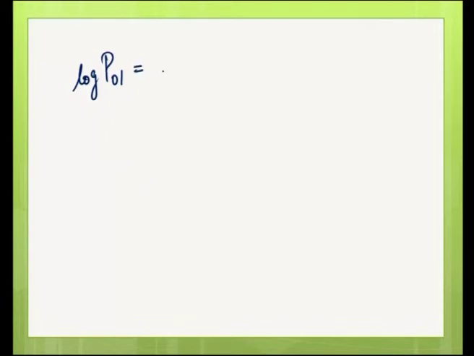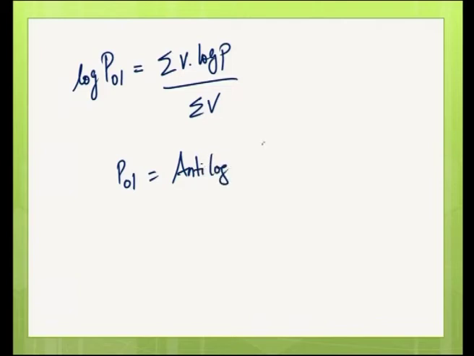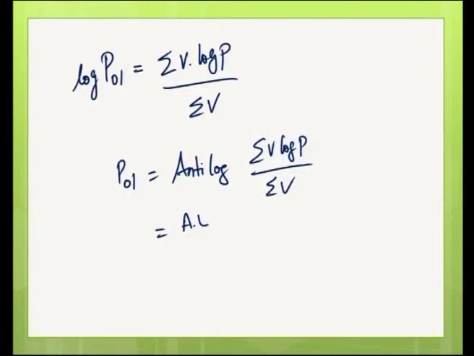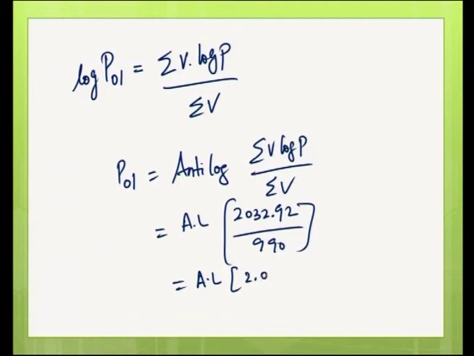Log of P01 is summation V into log P by summation V. So, P01 is the antilog of summation V log P by summation V, which is the antilog of 2032.92 divided by 990, which is the antilogarithm of 2.0535, equal to 113.11.